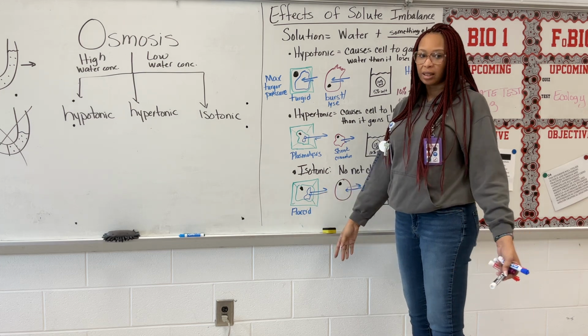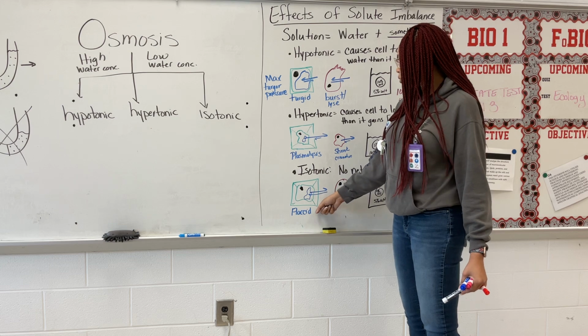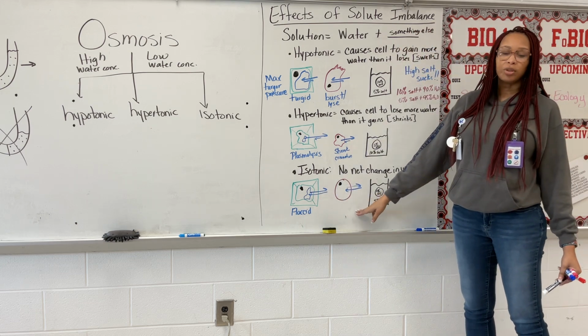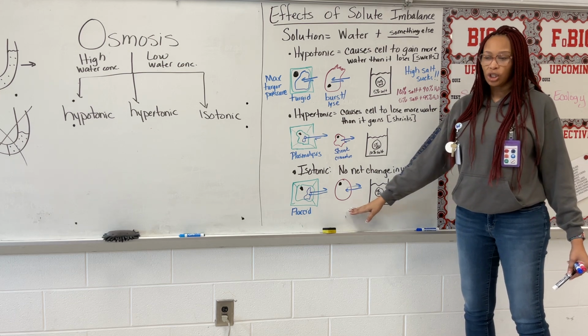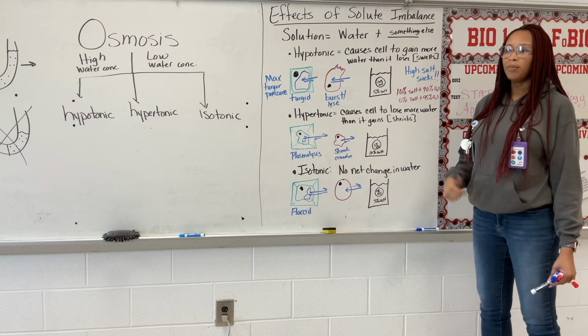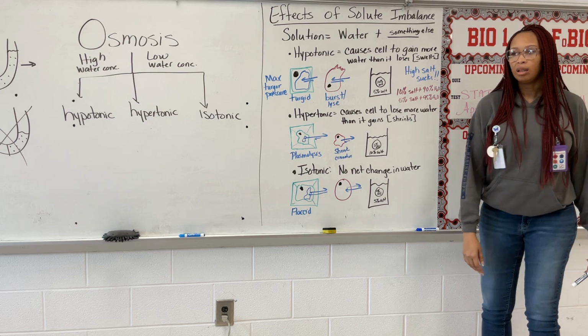It's going to be flaccid, right? This is going to be like when it starts to wilt. So this one is not good for plant cells, but it's great for animal cells, because animal cells don't have a cell wall, so they don't want their cell size to change. And in this case, your percent solution is going to be the same inside and outside of the cell.